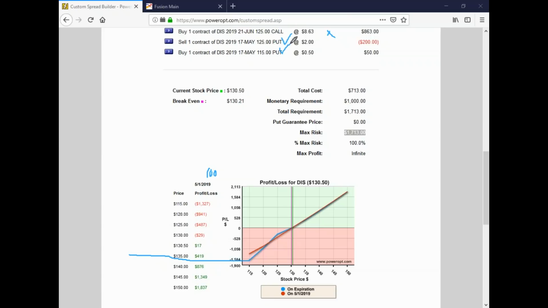But you have the right to sell them at 115. So yes, you take a 10-point loss on the bull put credit spread, plus the 863 you invested in the original long call, minus our $1.50 net credit, which puts us where? $1,713, still with the infinite upside.